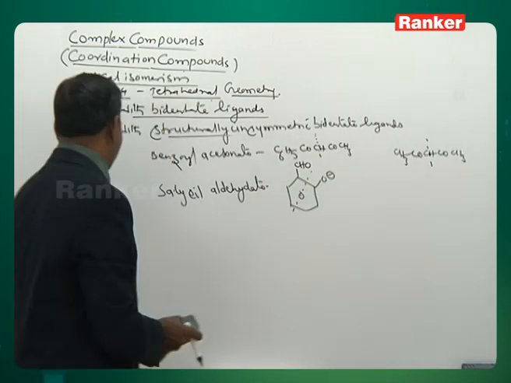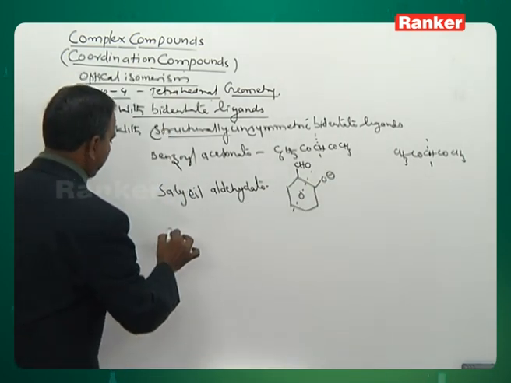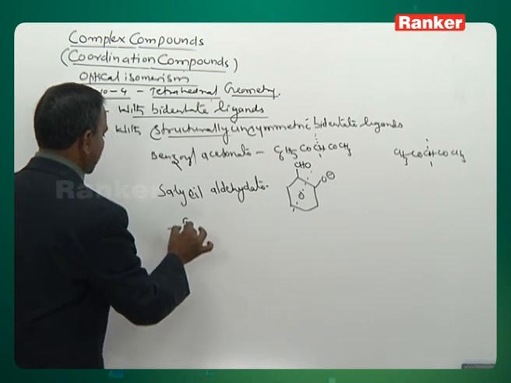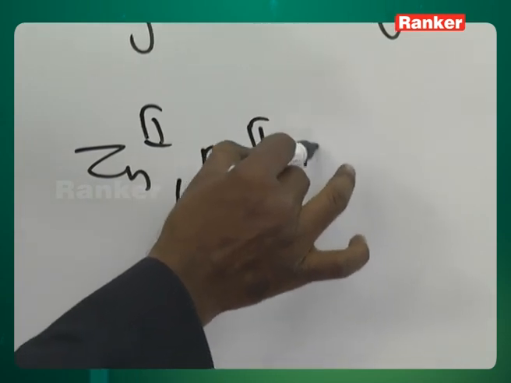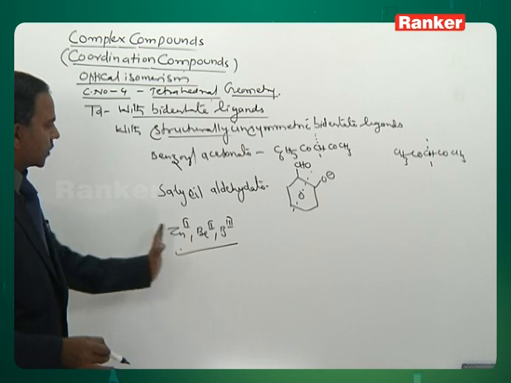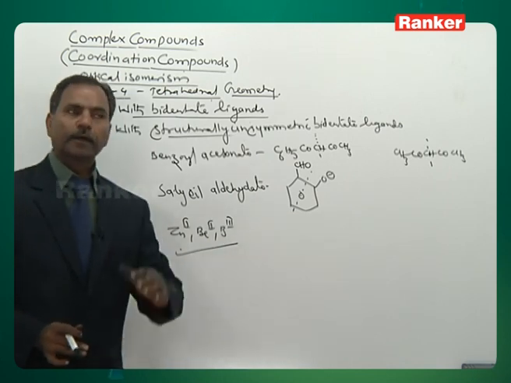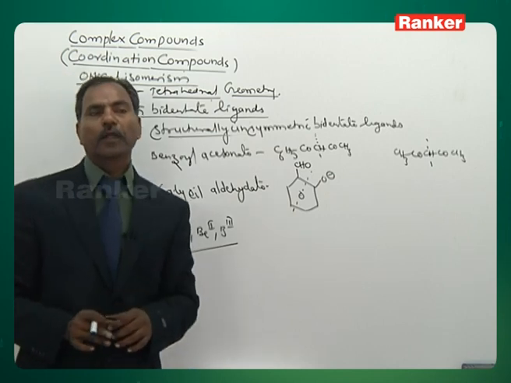Wherever these two ligands are forming complexes with either zinc plus 2, or beryllium plus 2, or boron plus 3, all these complexes are found to be tetrahedral complexes. Those tetrahedral complexes are found to be optically active.